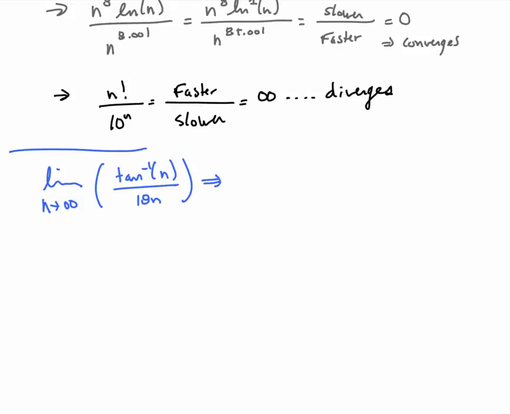Now remember, we have this theorem that I can take this into the real number system, and I have the limit as x approaches infinity of the inverse tangent of x over 18x. Now when we look at this, remember the limit of a ratio is the ratio of the limits, meaning I can take the limit of both the numerator and denominator separately.